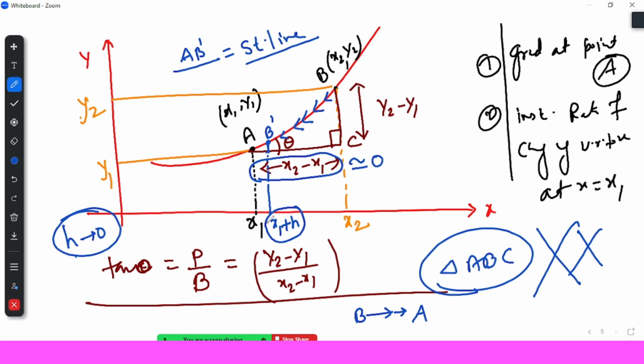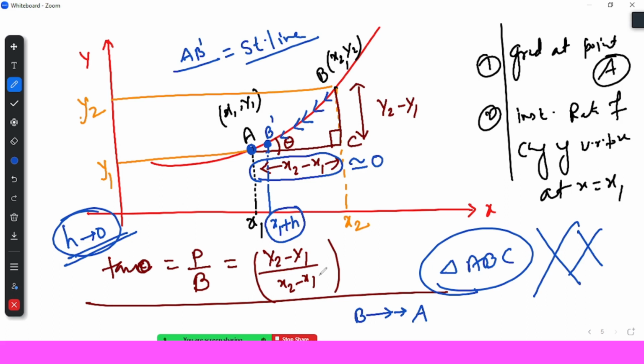Then when you take the difference between the x coordinates of A and B dash, you will get near to 0 because both points are very, very close to each other. Is it okay?